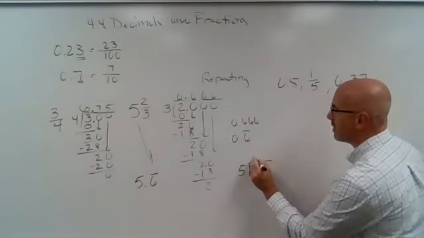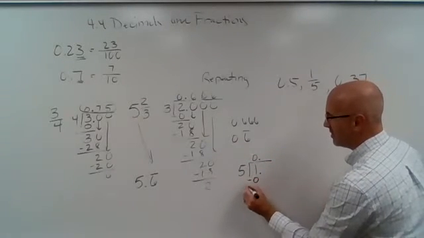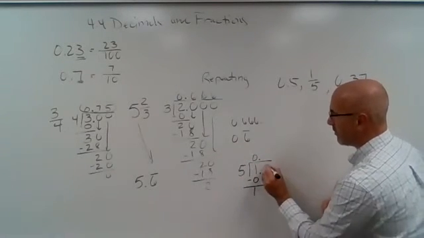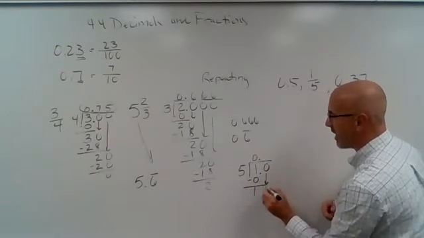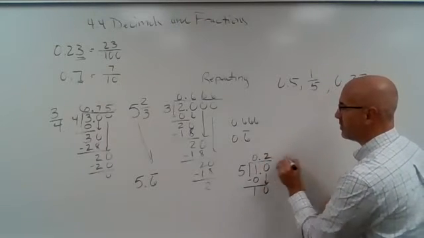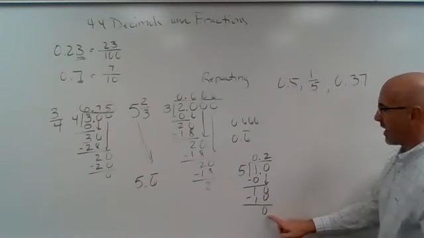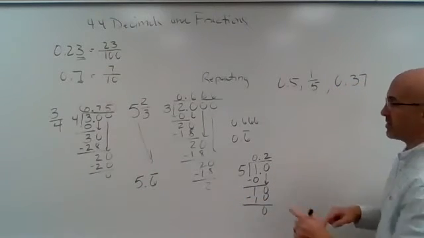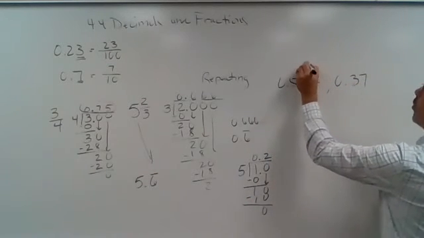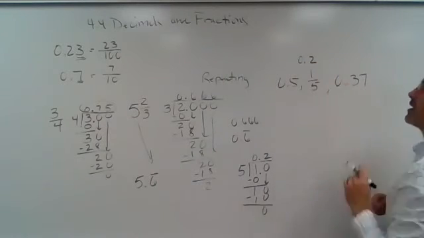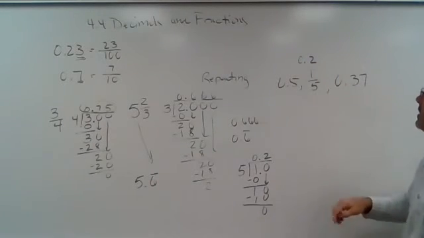5 goes into 1 0 times. Subtract. Then I'm going to add a 0 here and bring it down. 5 goes into 10 2 times. 2 times 5 is 10. I got a 0 and there's no more numbers. So 1/5 is the same as 0.2.